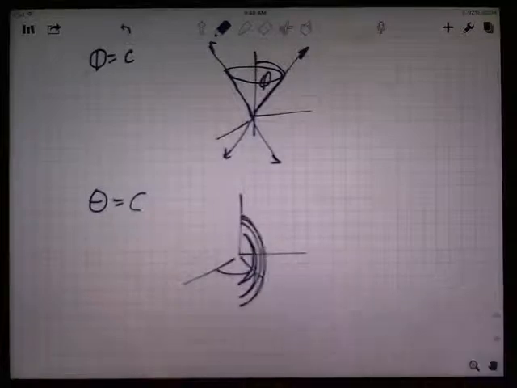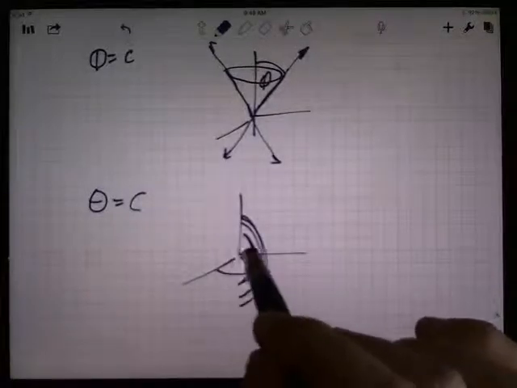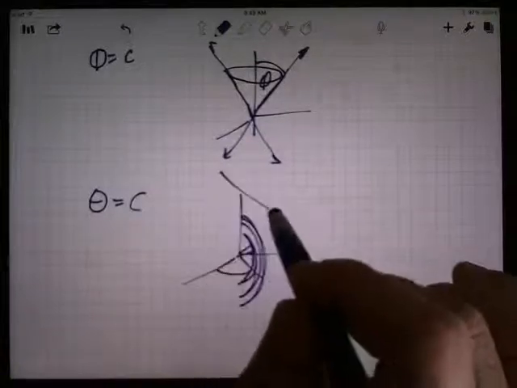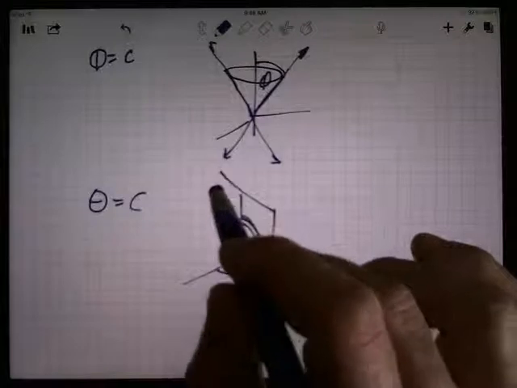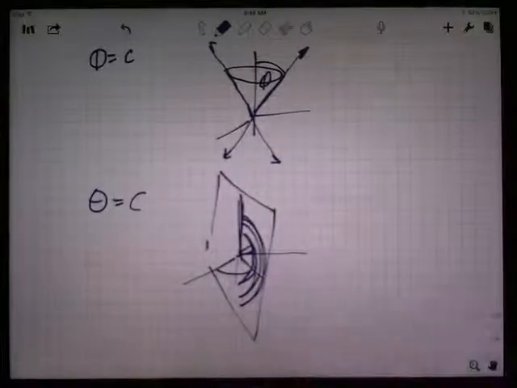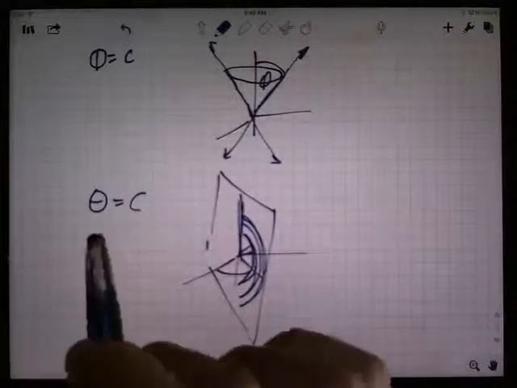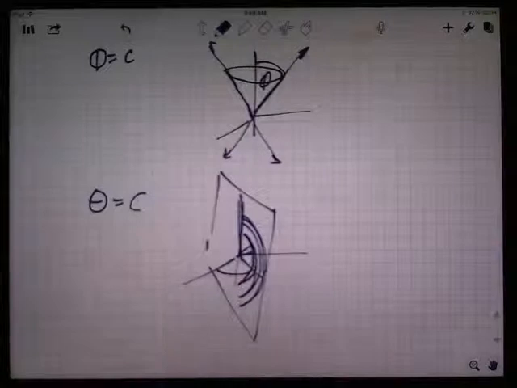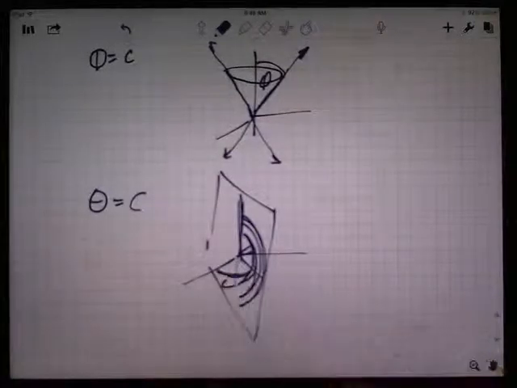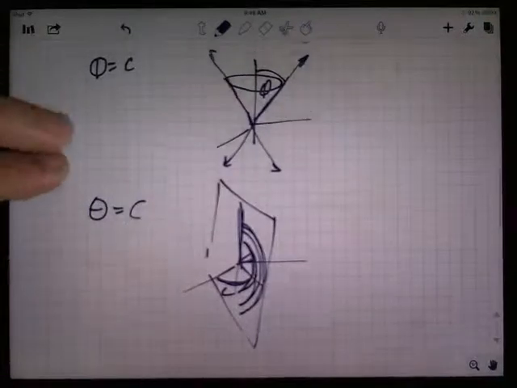And these are different values of r, or sort of rho, a little distance away. So it looks like what we're describing here is that plane through the origin containing the z-axis, just like in cylindrical coordinates. Okay, so this is that constant angle C. Right? So anyway, there's those.